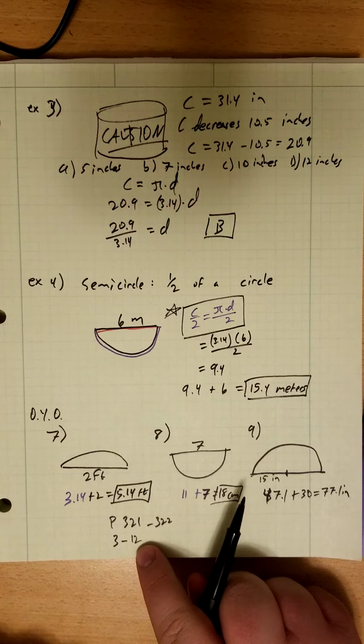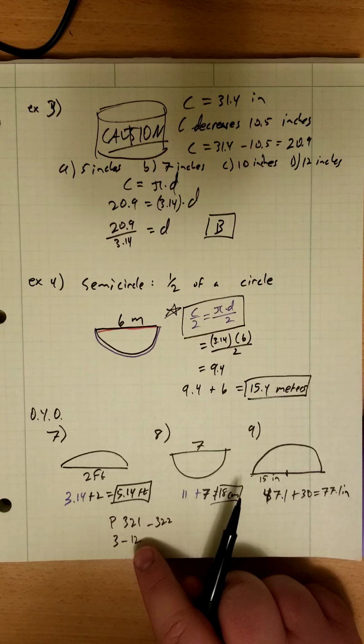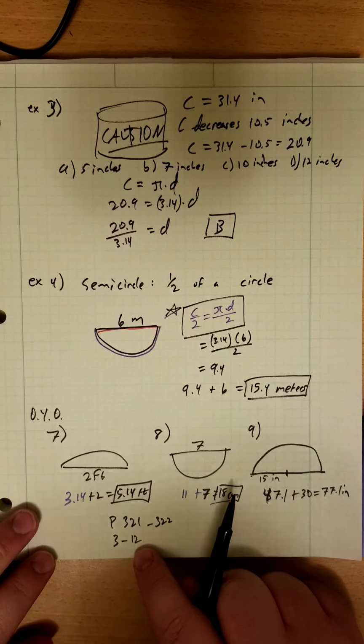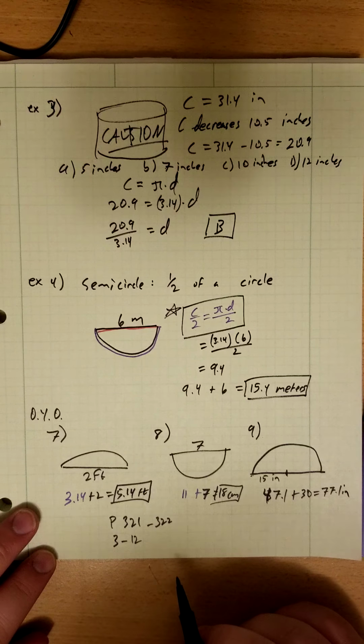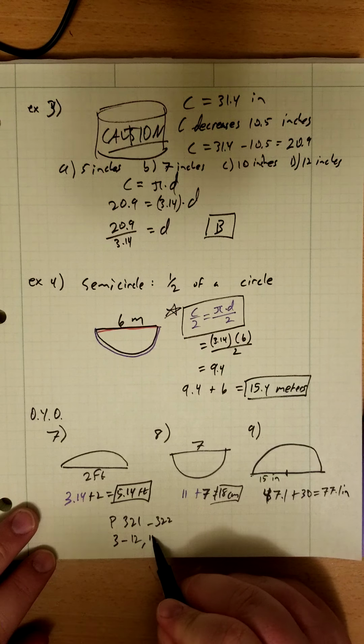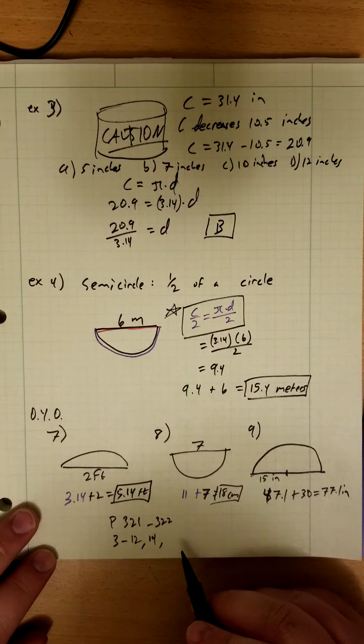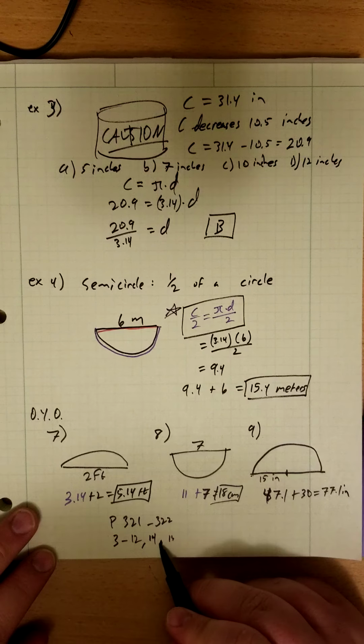Number 12 is actually a real life thing. Look around something in your house, look around something in your yard or something that you would want to know the circumference of and why, and then find it. Okay. I want you to do number 14 and numbers, well, I guess 14 through 16.